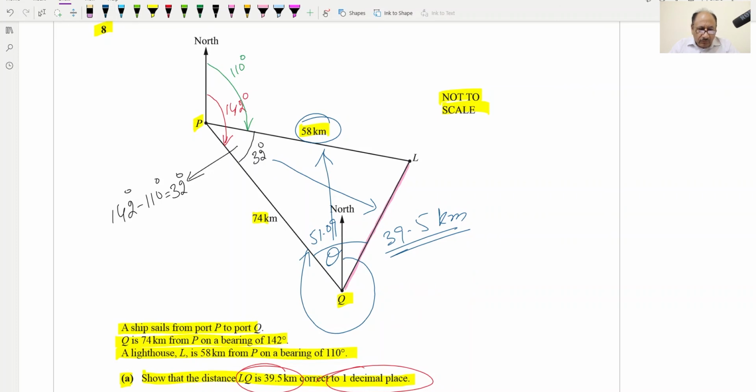So we need to understand, we can calculate basically this third angle. First of all, we can calculate this third angle.